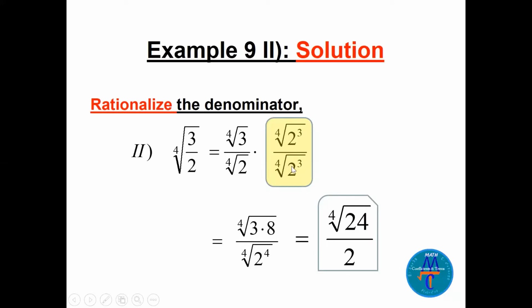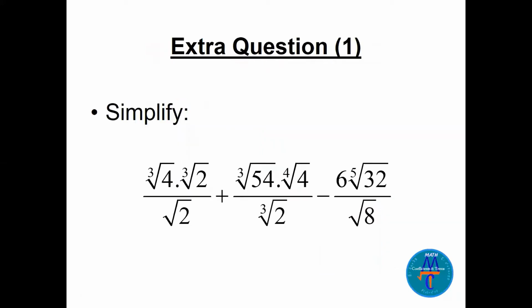I need 3 2's. So 2 cubed under the 4th root. So when you multiply in the denominator, you get 4th root of 2 to the power 4, which is 16. The answer is 2. And this one, 8 times 3 is 24, 4th root of 24 is the answer, divided by 2.